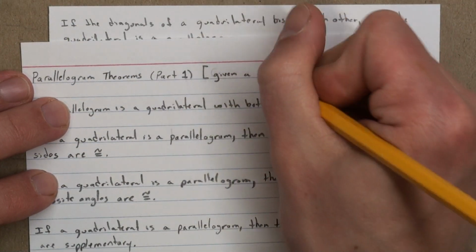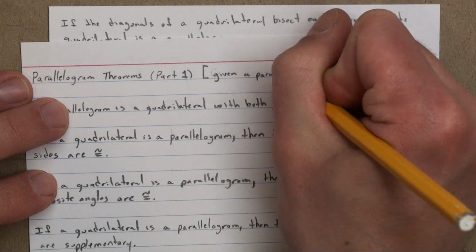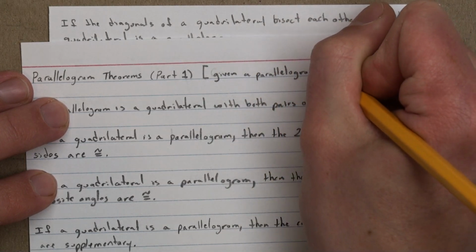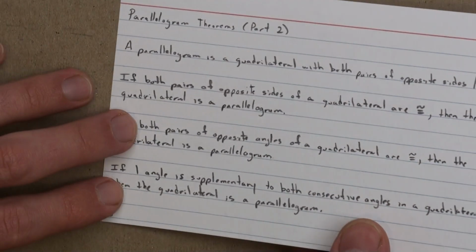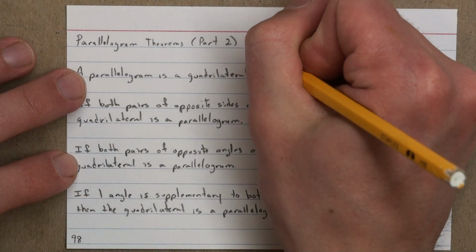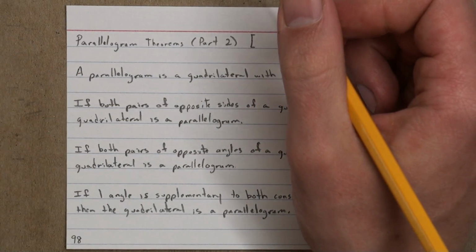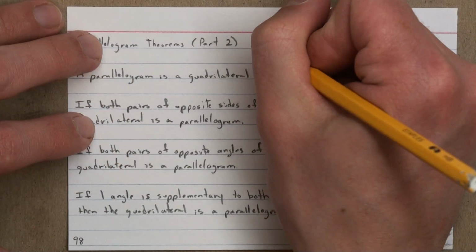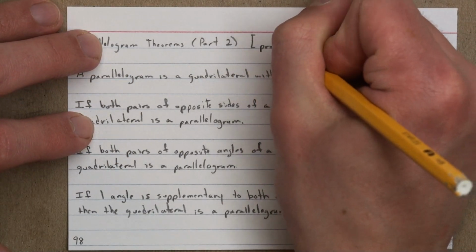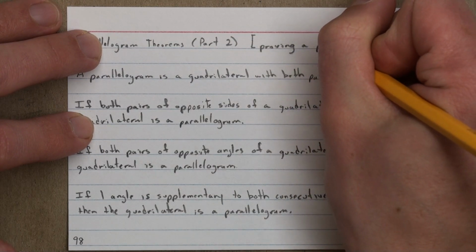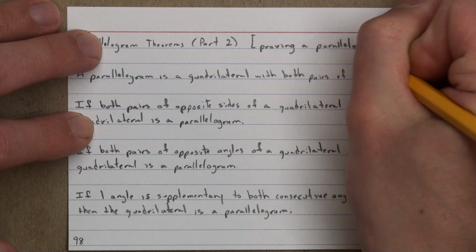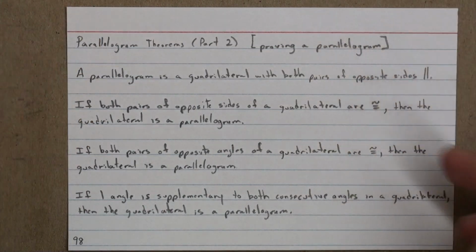So these are theorems for when you're given a parallelogram, and card 98 is for theorems when you are trying to prove. So let's put proving a parallelogram. Okay?